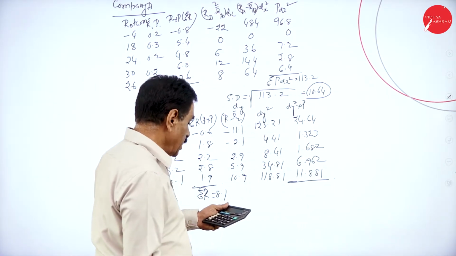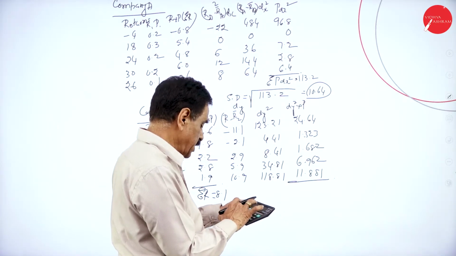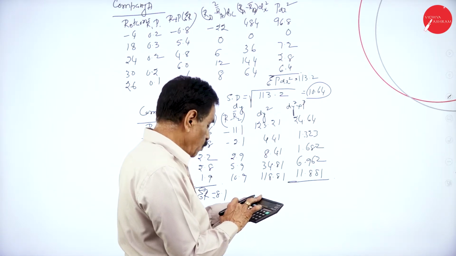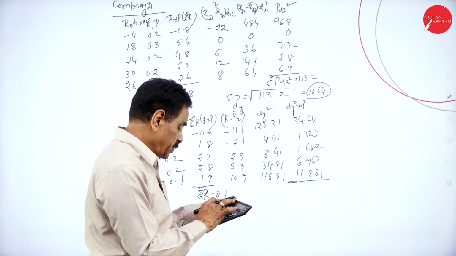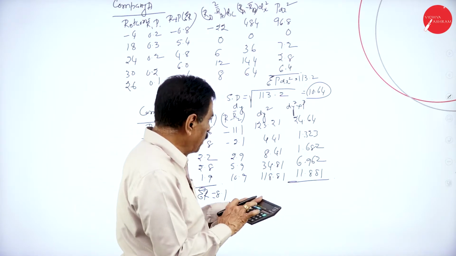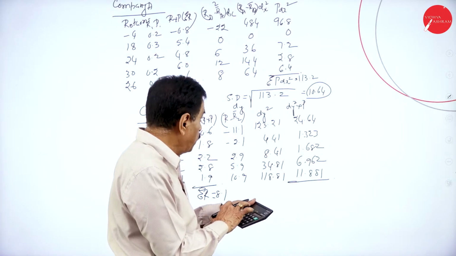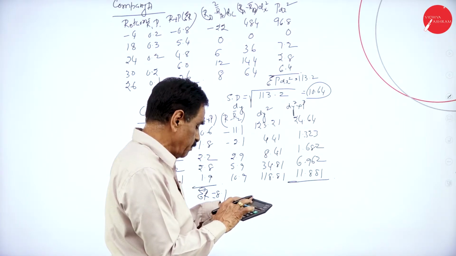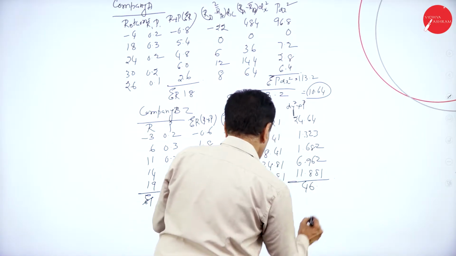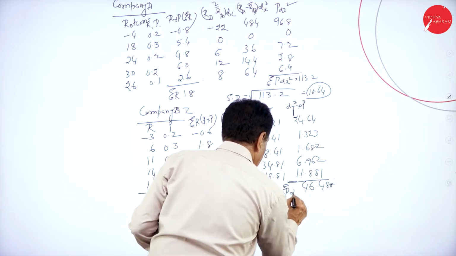Add the figures: 11.881 plus 6.962 plus 1.682 plus 1.323 plus 24.64, 46.488, sigma pdy square.